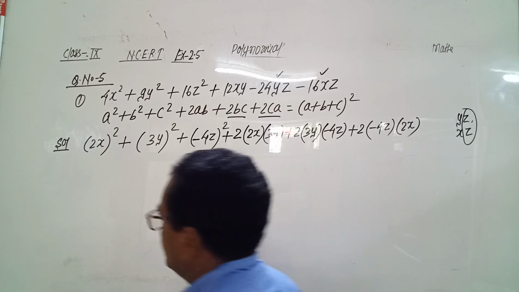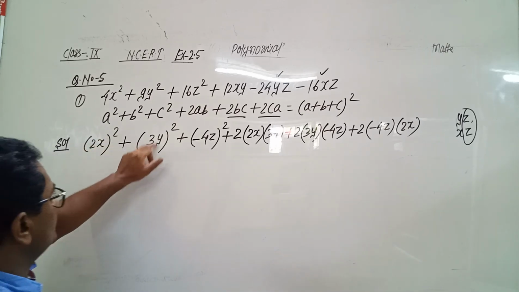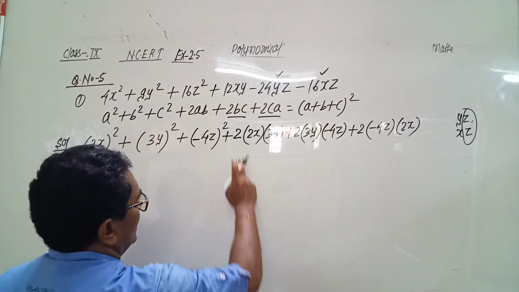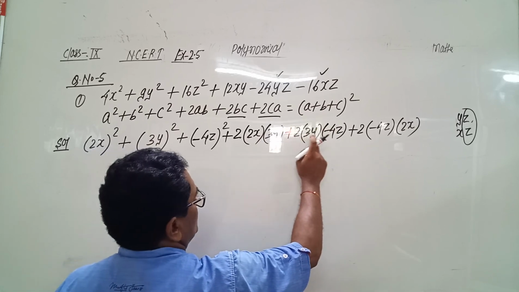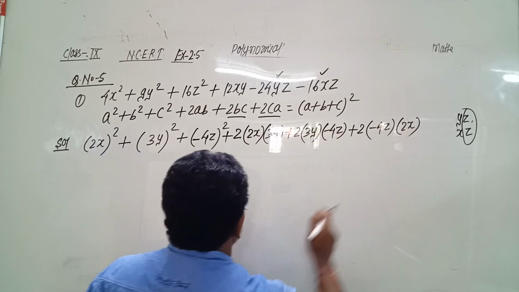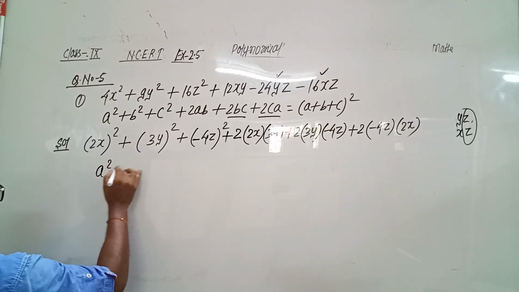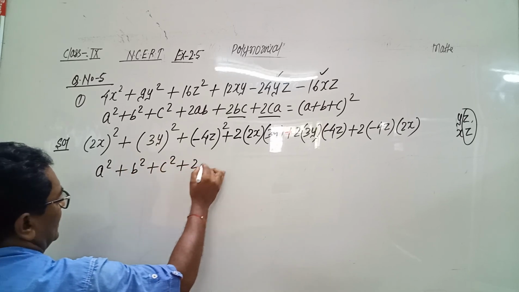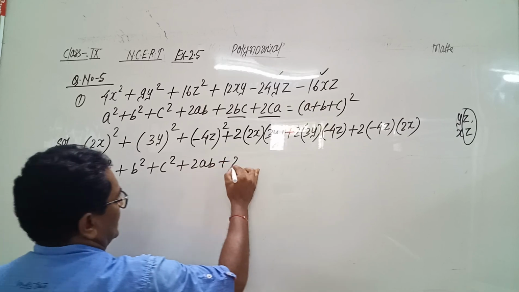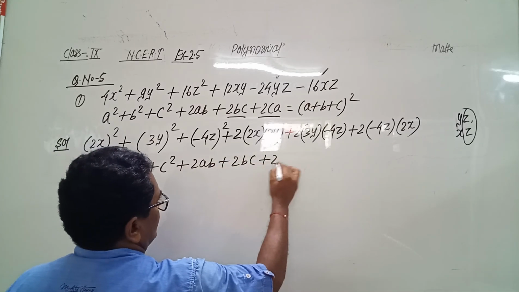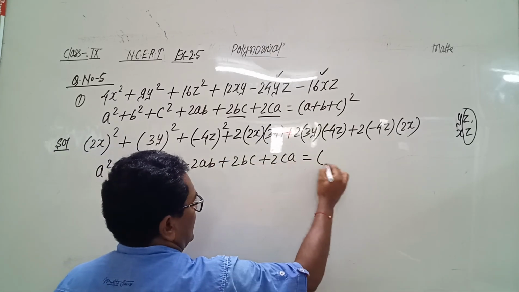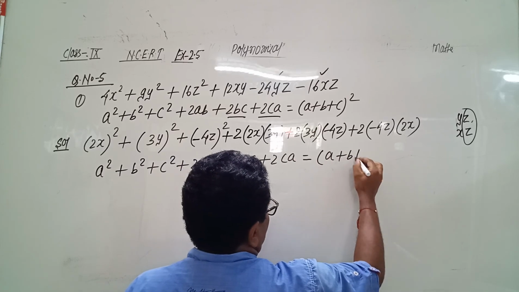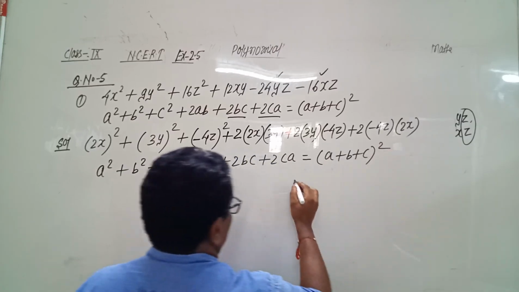So this is the form a square plus b square plus c square plus 2ab plus 2bc plus 2ca, which is equal to (a + b + c) the whole square.